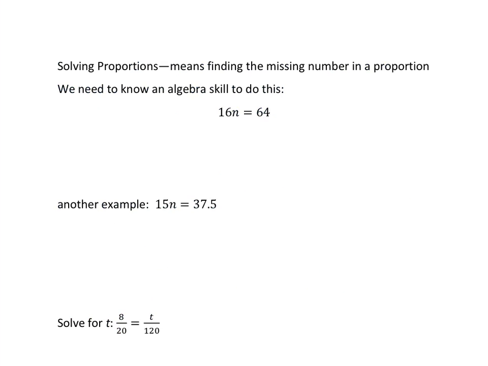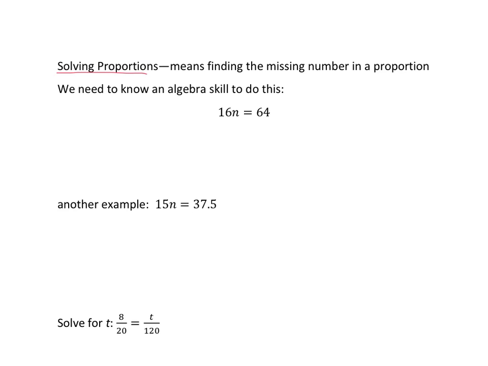Let's look now at solving proportions as our next step. And really what that means is finding the missing number in a proportion. In order to do that, we need to know an algebra skill. So we're going to look at a couple of quick examples of equations and think about how to solve them.